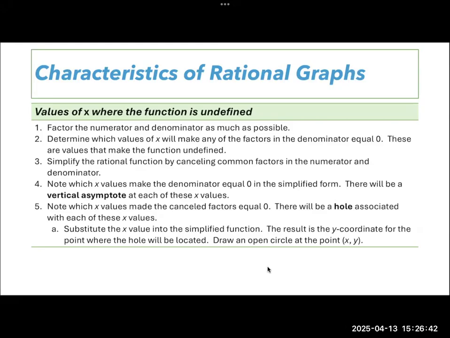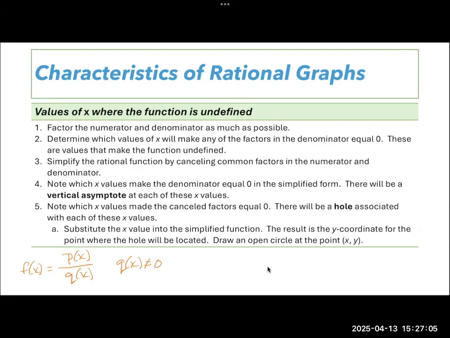So a rational function is simply a polynomial over another polynomial, as long as the polynomial in the denominator is not equal to 0.